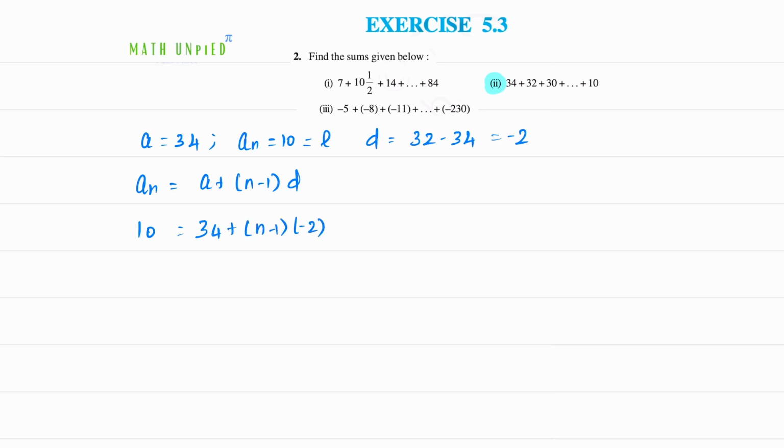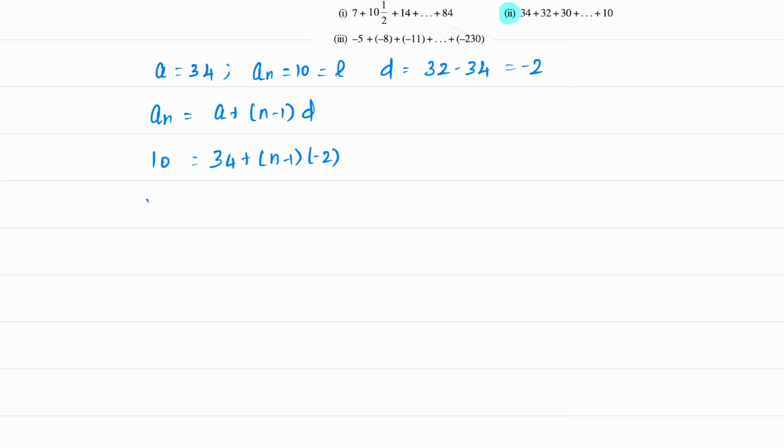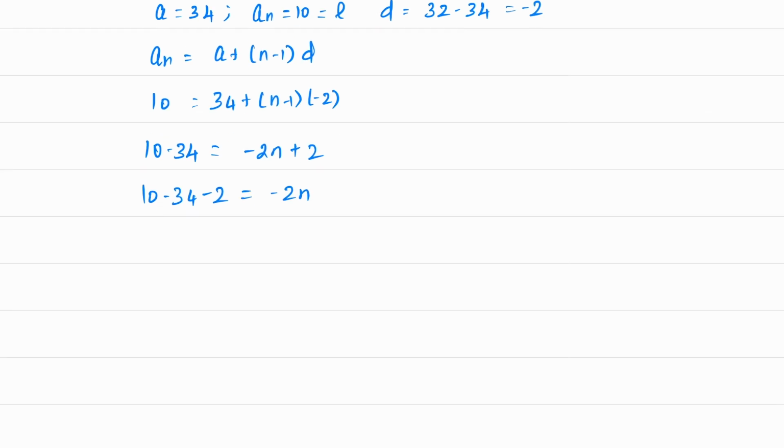So an, or 10, equals the first term 34 plus (n minus 1) times, what is d? Negative 2. So this is 10 minus 34 equals negative 2n plus 2, or 10 minus 34 minus 2 equals negative 2n. So this is negative 26 equals negative 2n, or n equals 26 over 2. Actually we can cancel the negative sign on both sides, and n equals 13. Now we have the value of n.